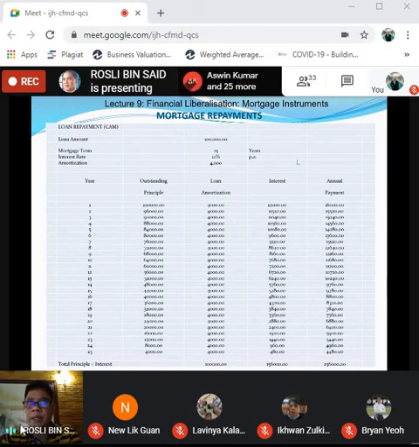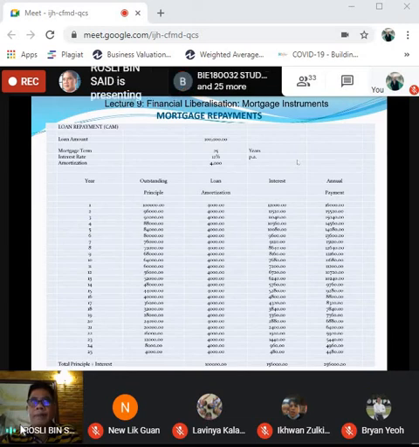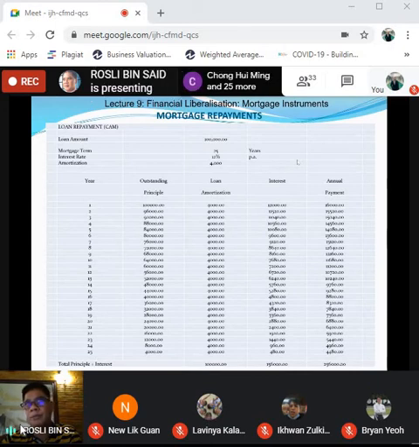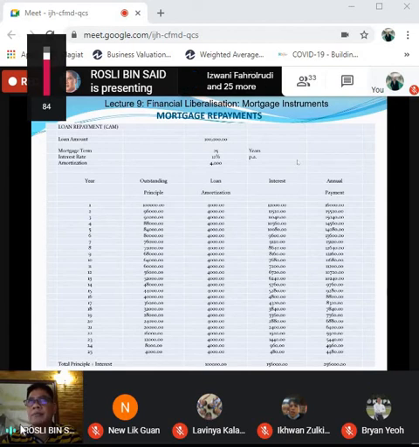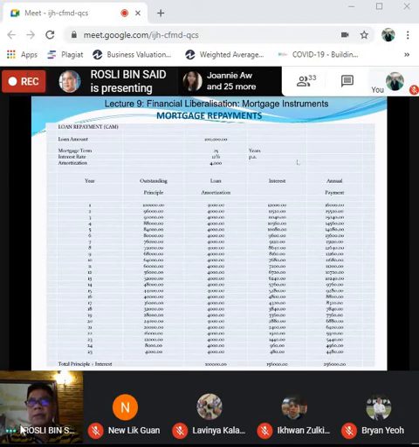So based on 3%, 35 years and your income eligibility, you have to pay 2,000 ringgit per month for this kind of house. 2,000 per month at 3% is for a price of about 600,000 more or less. So you are entitled to 600,000 by paying 2,000 ringgit per month, based on the constant payment mortgage.